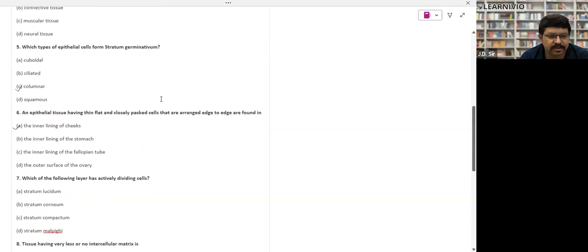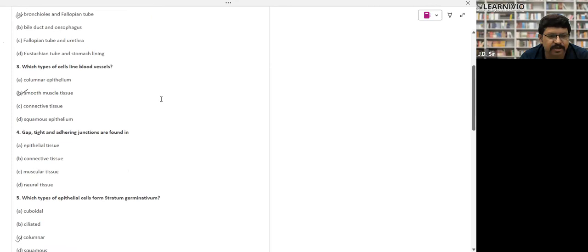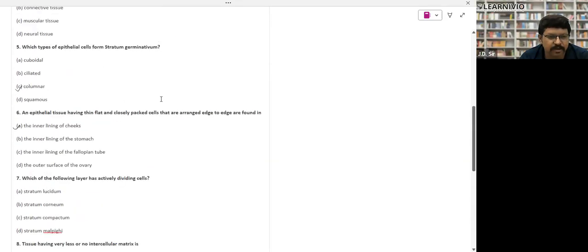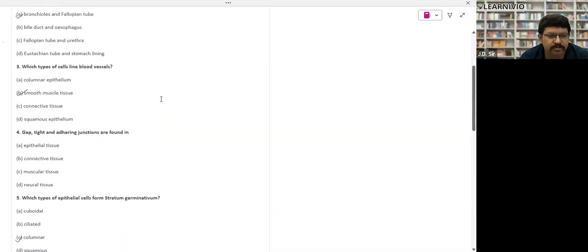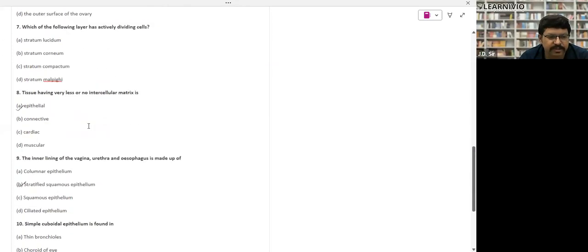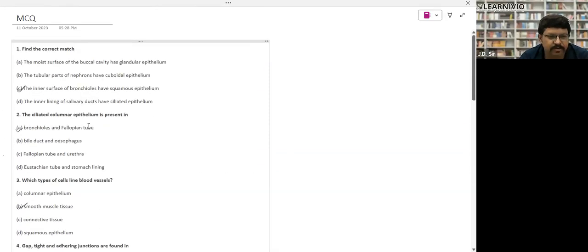And then the third, what is the answer of third? D. And you have said no, squamous. Blood vessels, they are made of squamous epithelium. Okay, sir. First and second, D and A. The answer for the first is D and second is A.